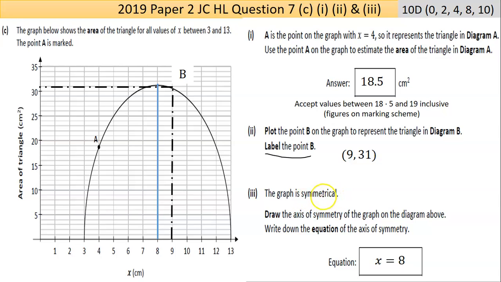So the graph is symmetrical, so it's the same on both sides. Draw the axis of symmetry of the graph on the diagram above, and then write down the equation of the axis of symmetry. So this bluish line here, the graph is the same on both sides. What's the equation of that line? So your line there is x equals 8.